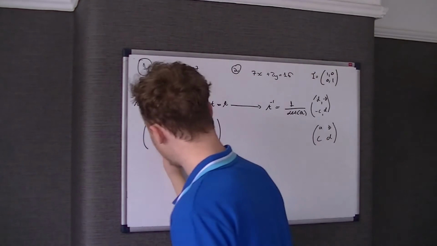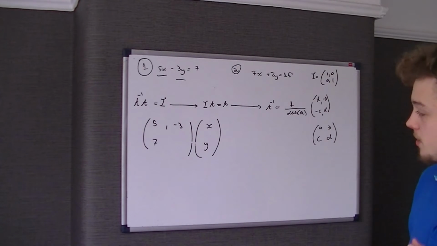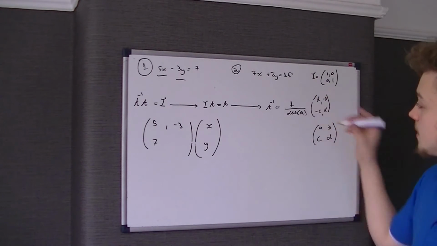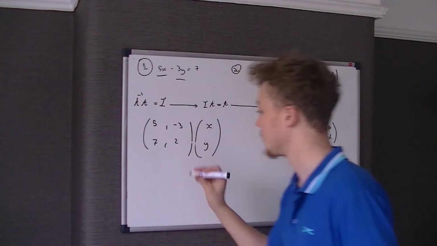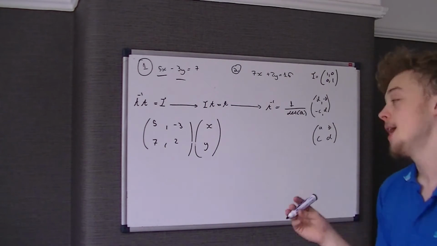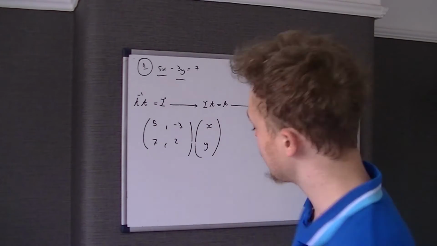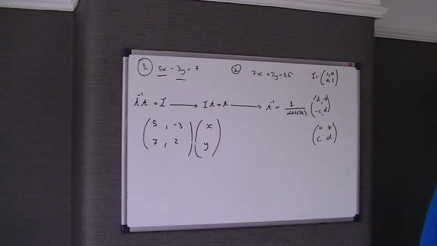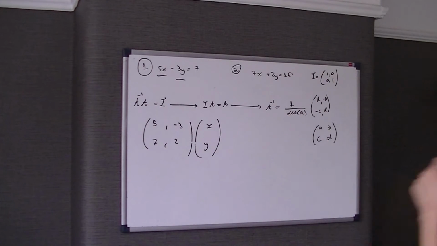The first column is to do with the x's, and the second column is to do with the y's. So 7 for 7x, and 2 for 2y. You can see I've put commas there. As I said, you don't have to, but it makes it understandable to see how you switch the top to 2, and the bottom of the first matrix to 9, sorry.